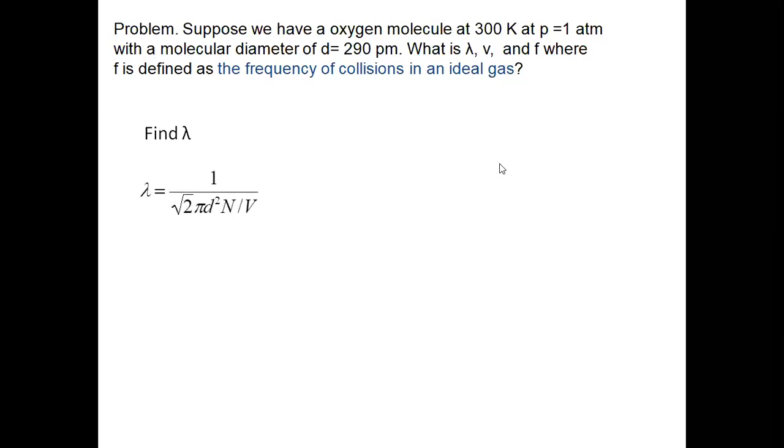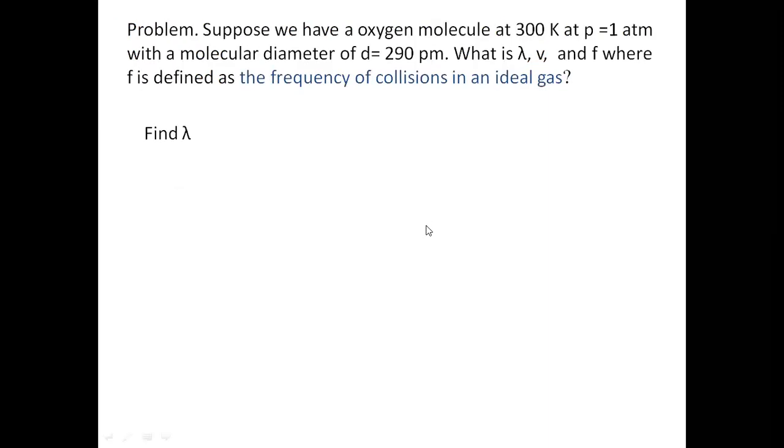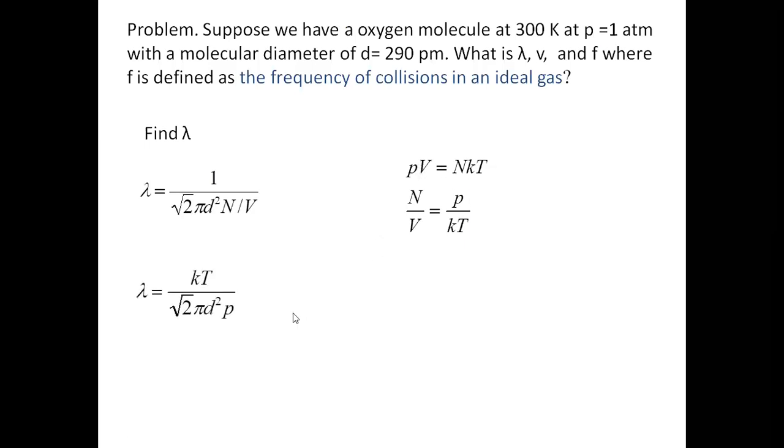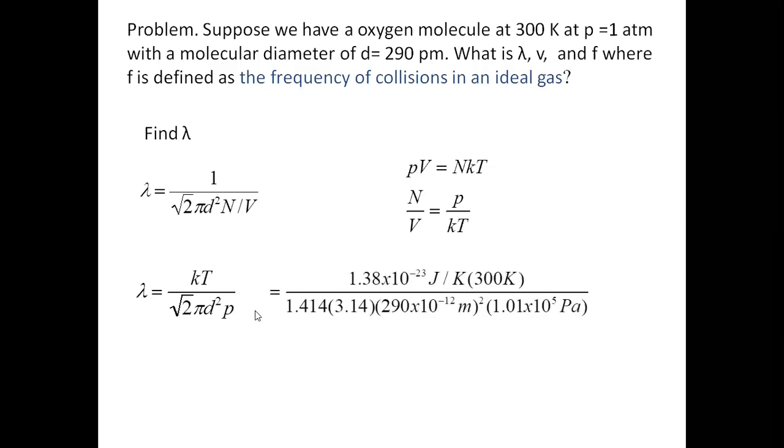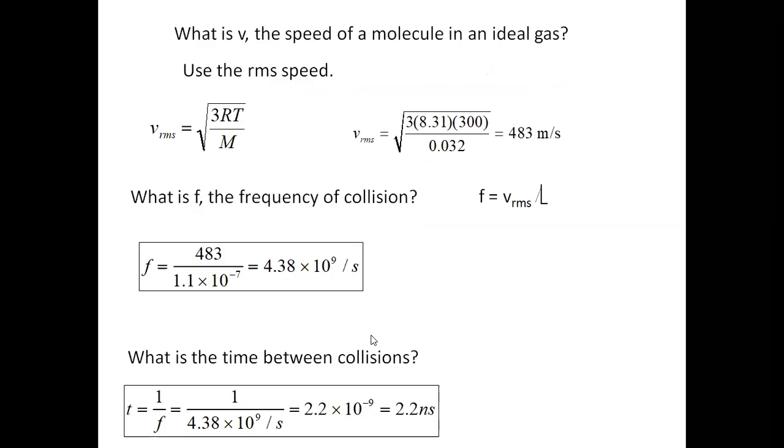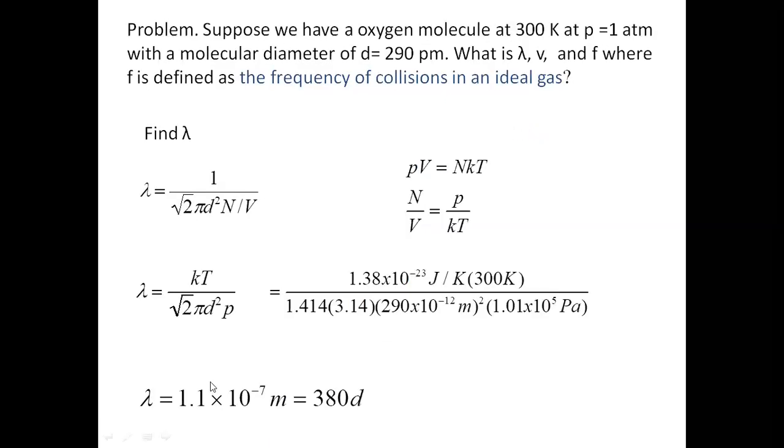So lambda equals 1 over the square root of 2 pi d squared N over V. We know PV equals NkT, and substituting these instead of N over V gives this relation. Putting in the numbers, lambda equals 1.1 times 10^-7 meter, which is approximately 380 molecular diameters.